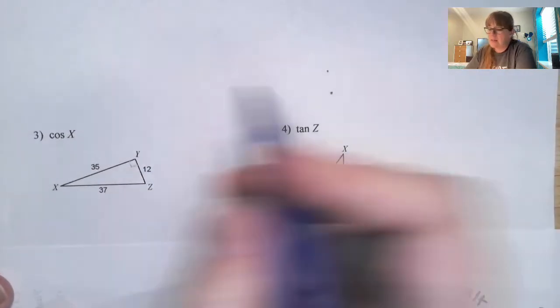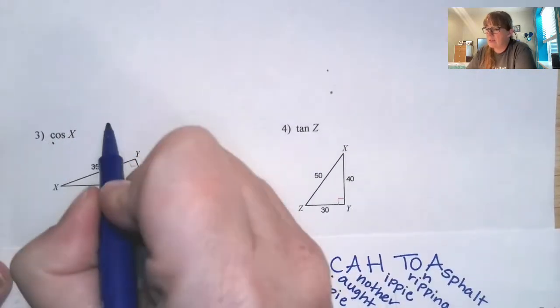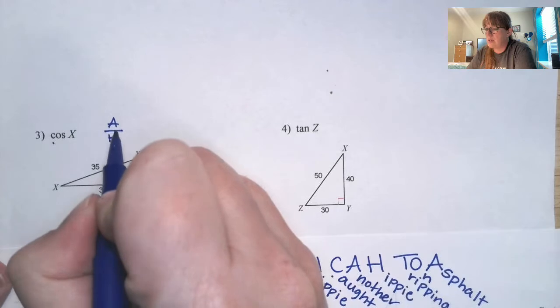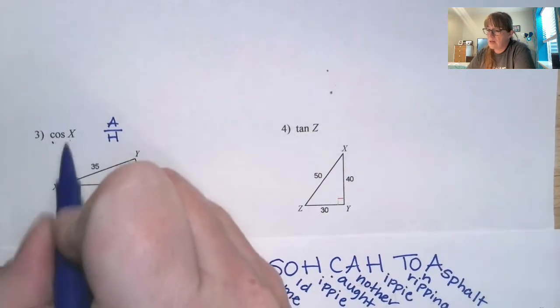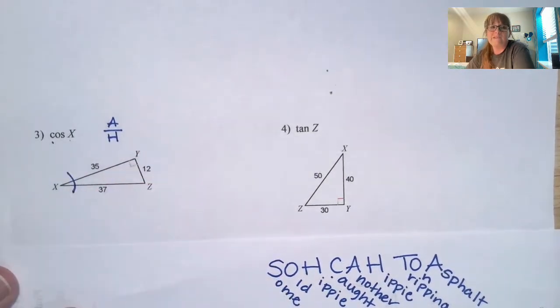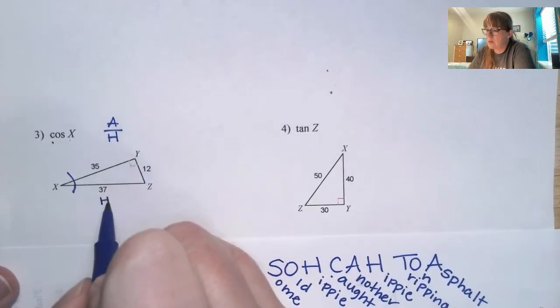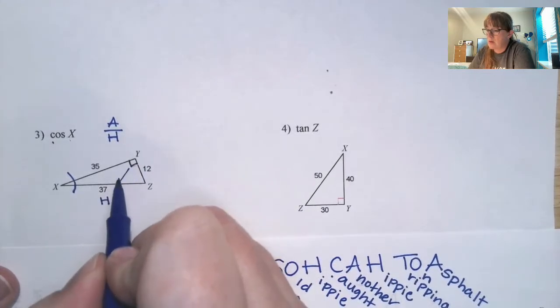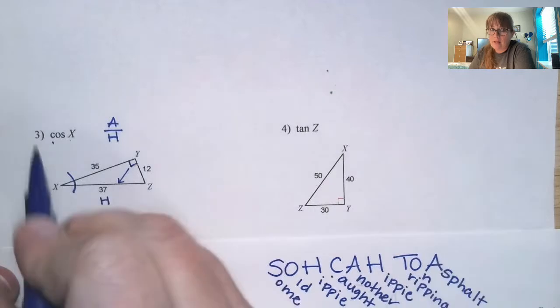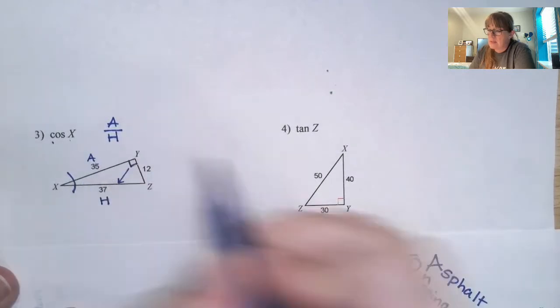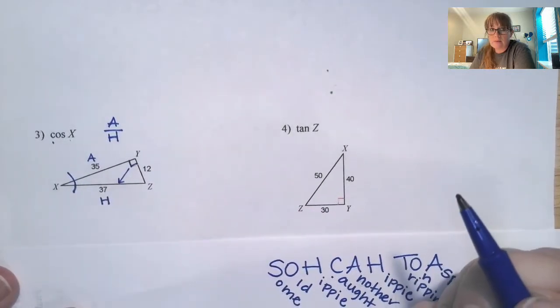Cosine of x. Cosine, some old hippie caught another hippie. Okay, and we're talking about angle x. Let's go ahead and label what we got. Opposite of the hypotenuse is the 90-degree angle always. Adjacent is going to be next to the angle we're talking about.